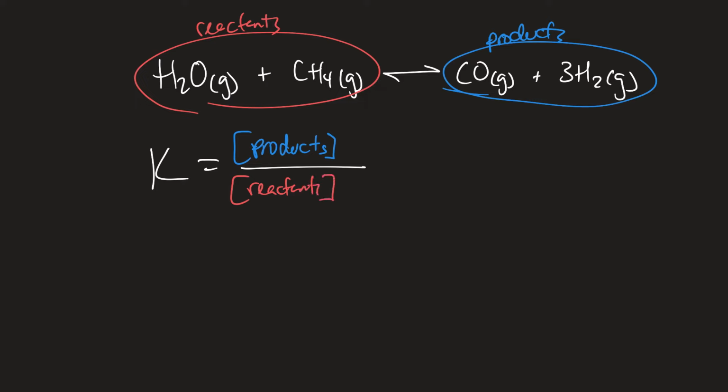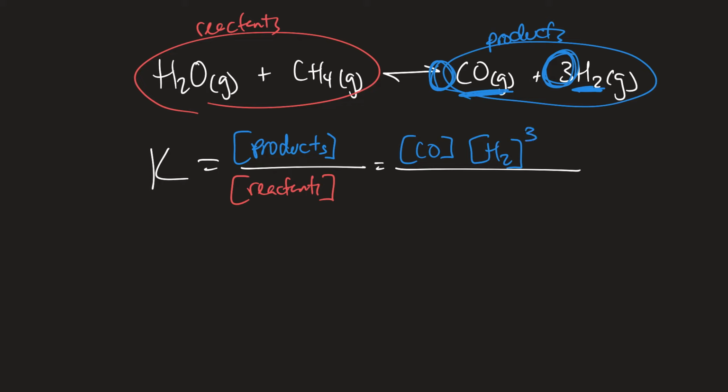Let's go ahead and write this out. My products here: I have the concentration of carbon monoxide, and its coefficient is 1, so we don't really need to write that. Times the concentration of hydrogen gas, and it has a coefficient of 3, so this goes to the third power.